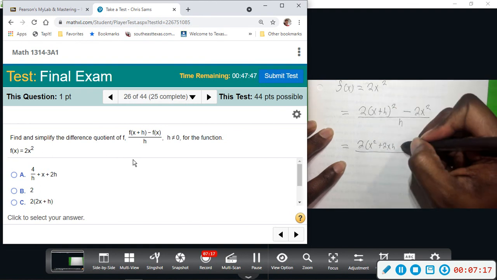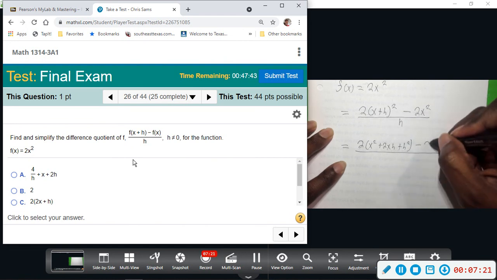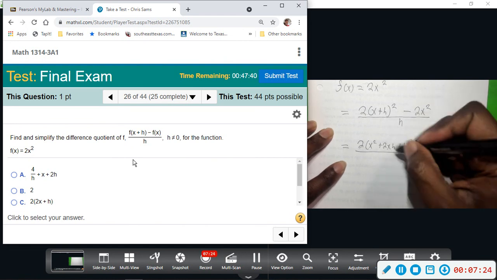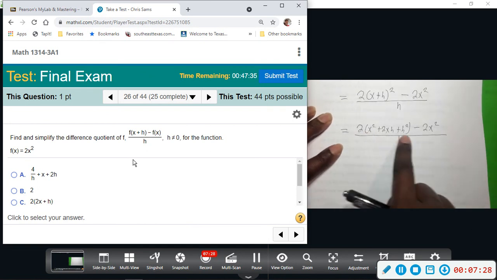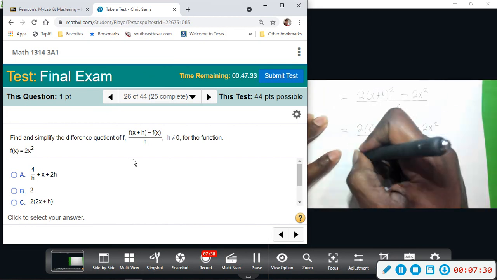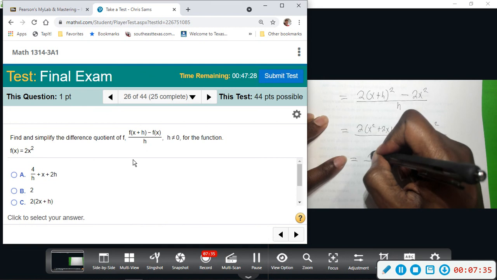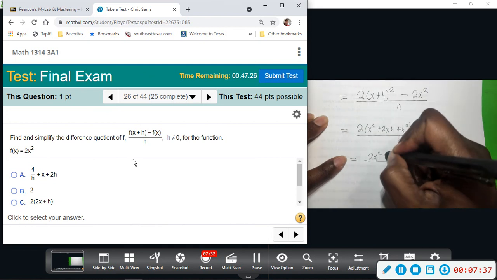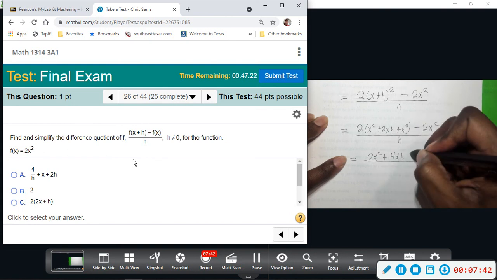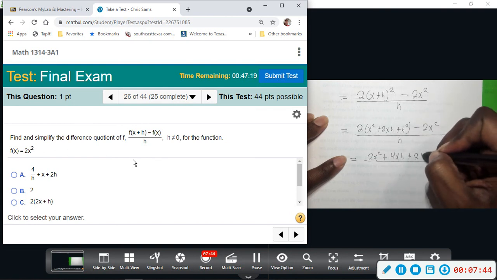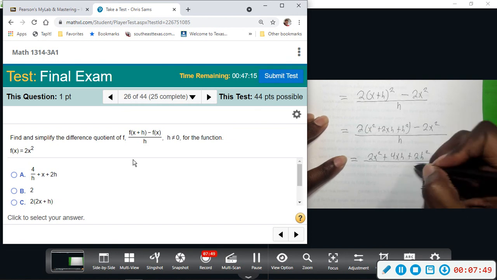And then you square that, so plus h squared, minus 2x squared, all divided by h. Alright, now I'm going to distribute 2 throughout these parentheses. So on my numerator I get 2x squared plus 4xh plus 2h squared minus 2x squared over h.